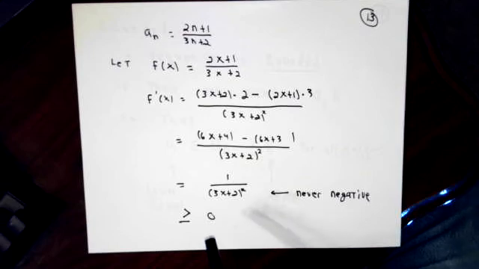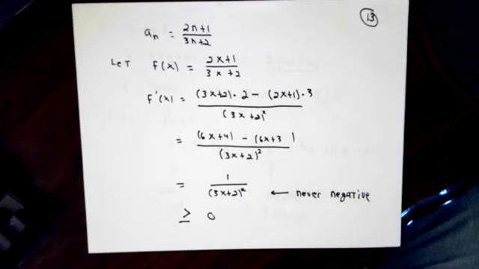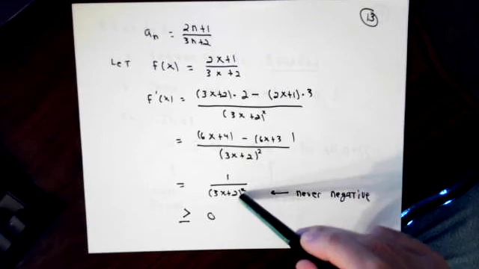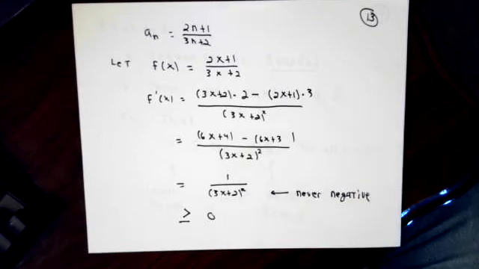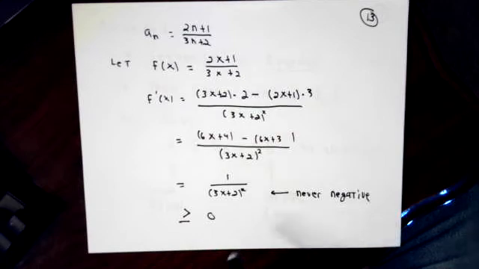3x plus 1, looking only at x as being 1 or larger, is never 0. When you square something that's not 0, you get a positive number. So 1 over a positive number is a positive number, and I can guarantee you that f prime of x is always bigger than or equal to 0.